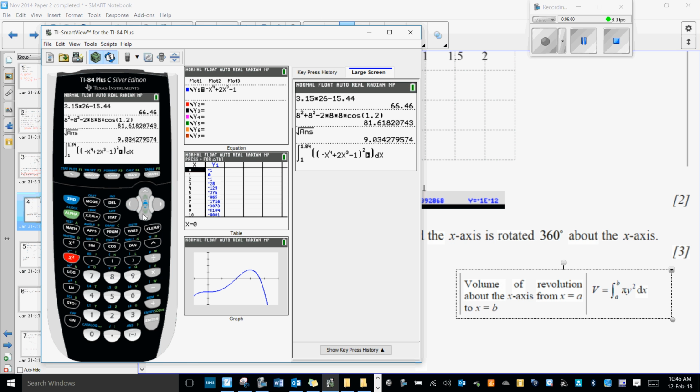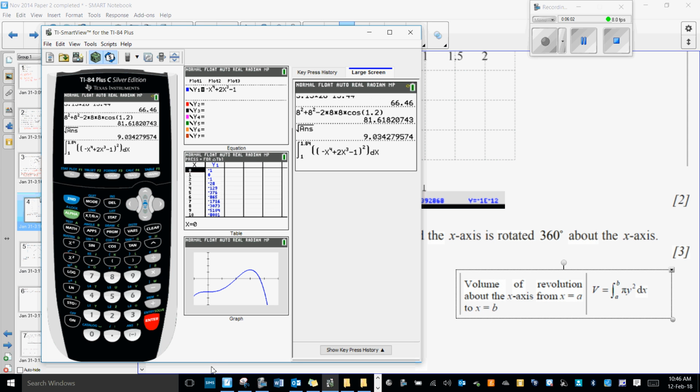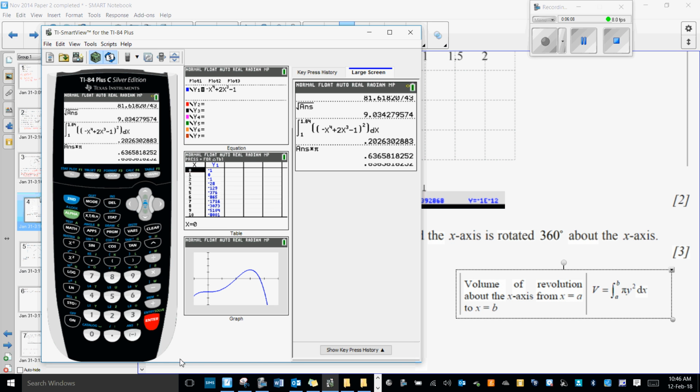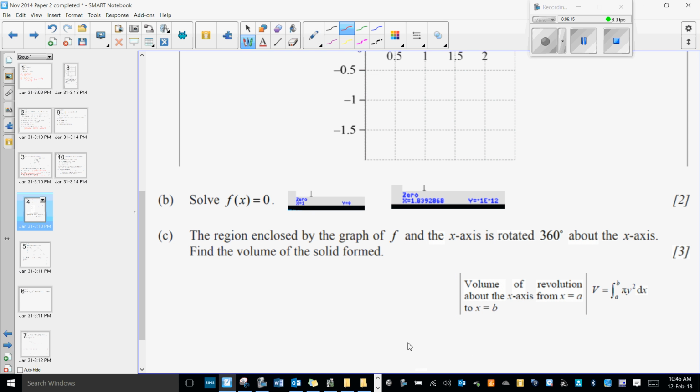Okay, so that's that, and then we then multiply that by pi. Which gives us 0.637. Okay.